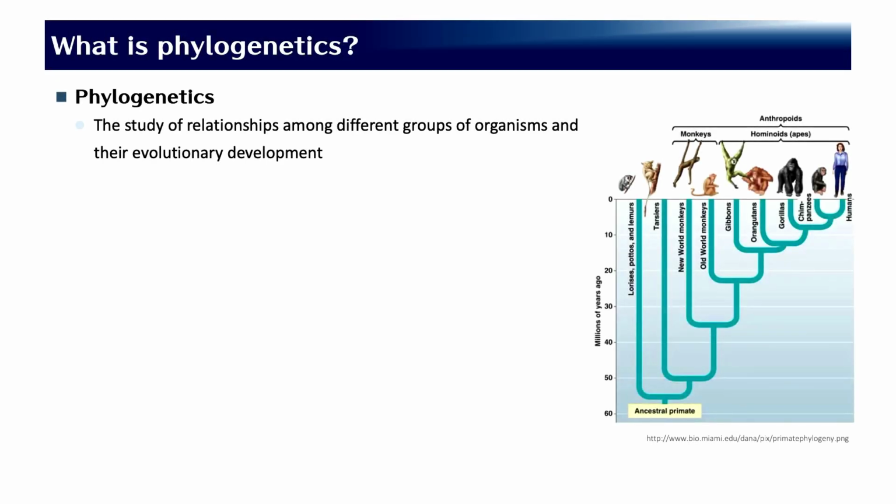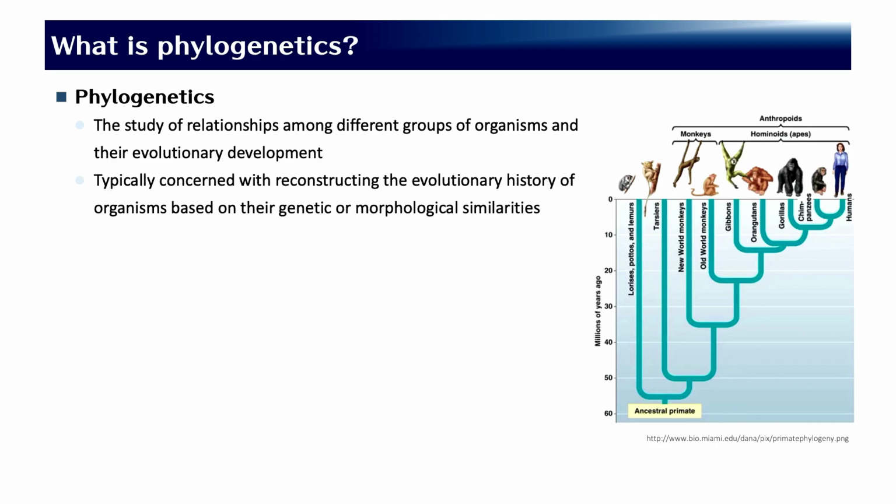So, what is phylogenetics? Phylogenetics is the study of relationships among different groups of organisms and their evolutionary development. It's concerned with tracing the evolutionary histories of organisms, typically by analyzing their genetic or morphological similarities.